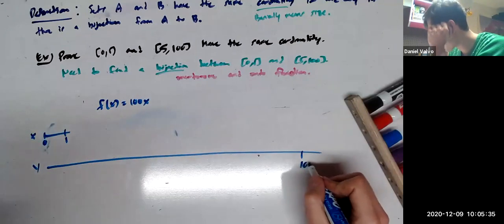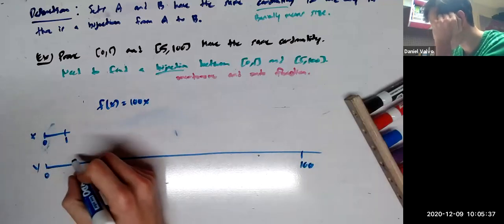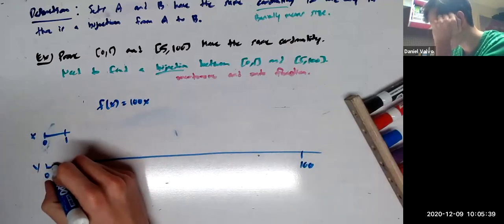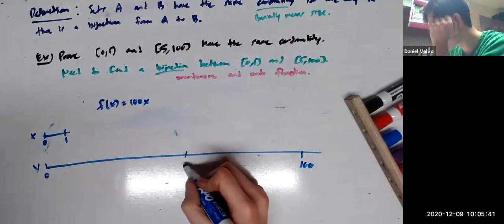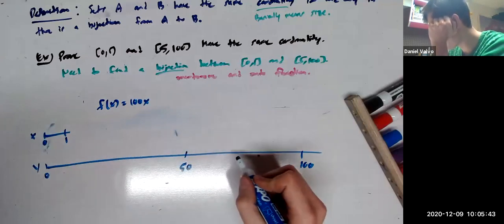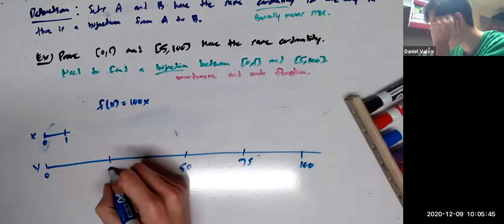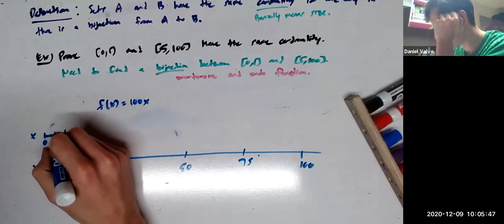Let's say this is 100, this is 0, this is 50, this is 75, this is 25.